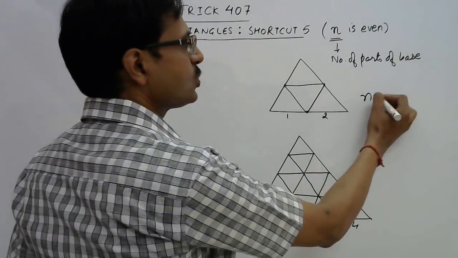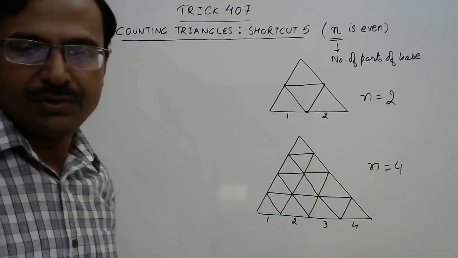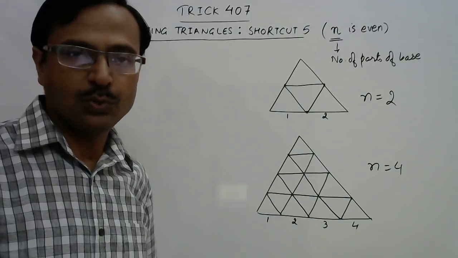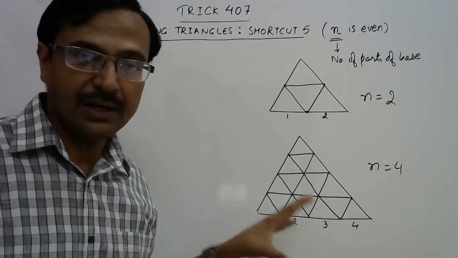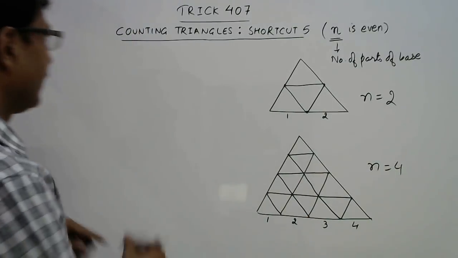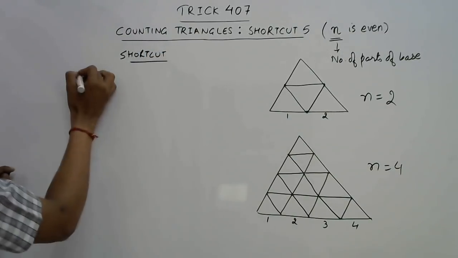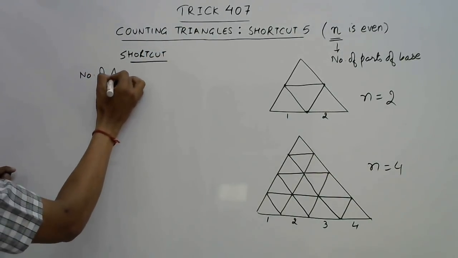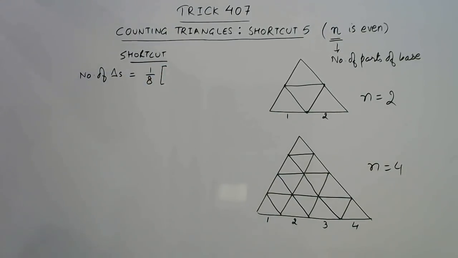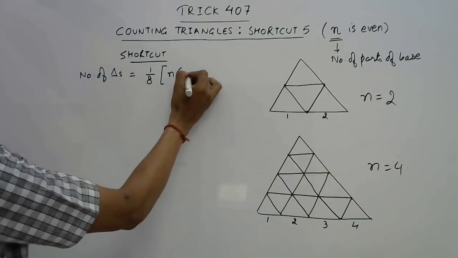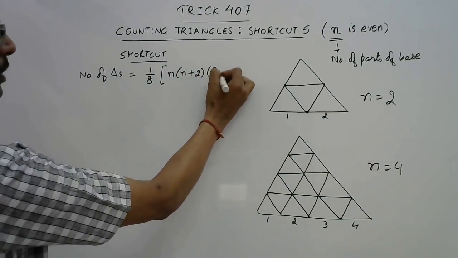Now the shortcut which you have to apply to come directly to the answer as to how many triangles are contained in this figure is: number of triangles is 1/8 of n multiplied by (n plus 2) and multiplied by (2n plus 1).